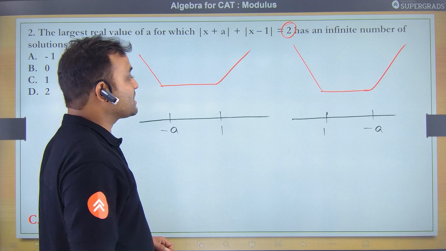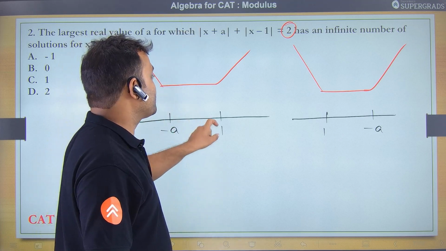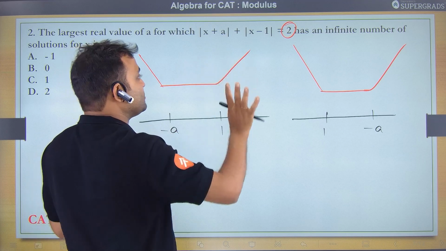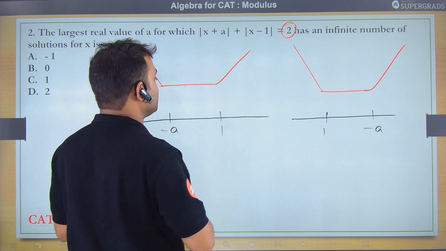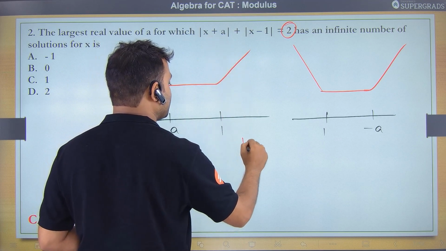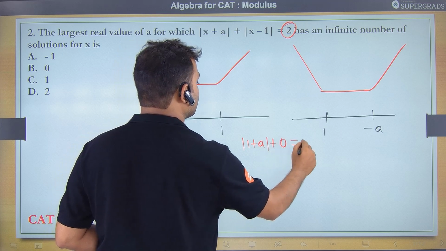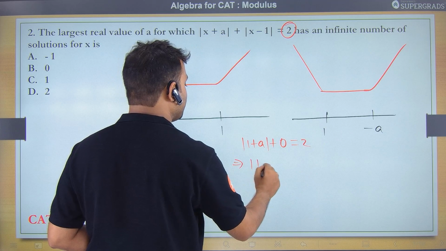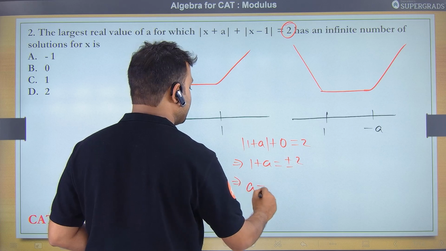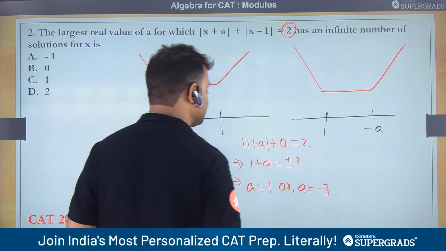So what we need to check, we can check either by putting minus a here, or by putting 1 here. If we put minus a, this becomes 0 and we don't have much to solve. So let's put x is equal to 1 here. This will become |1 + a| + 0 is equal to 2. Or we can say 1 + a is equal to plus or minus 2. From there, we can say a is equal to 1 or a is equal to minus 3.